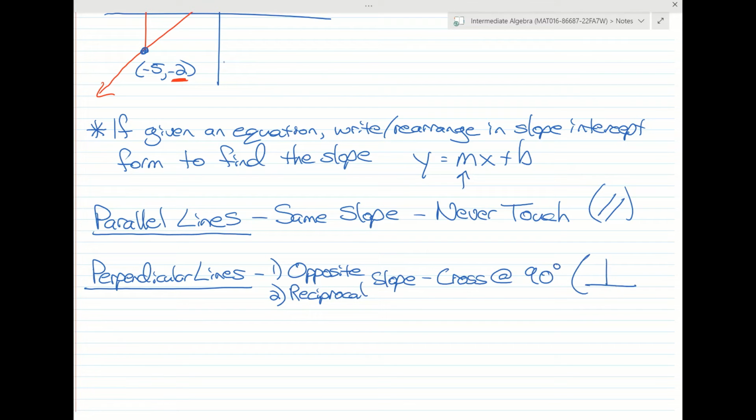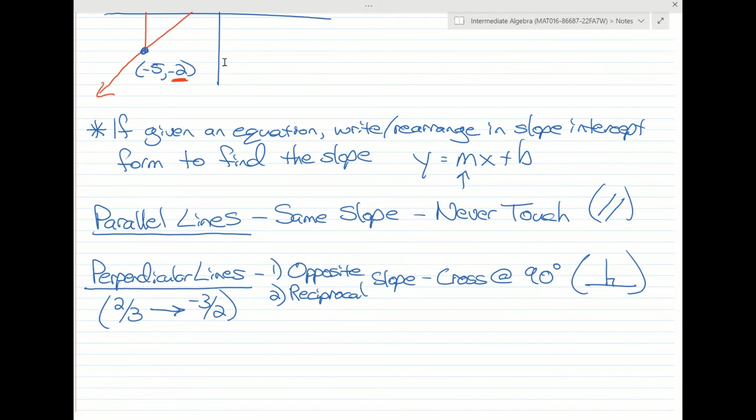So they typically look like this. A perpendicular line would be like, if one slope was 2/3, the perpendicular slope would be -3/2. So it's the opposite sign, and reciprocal means you switch the top and bottom.